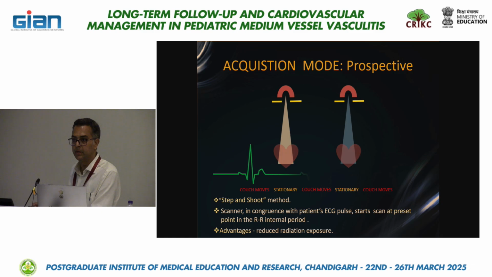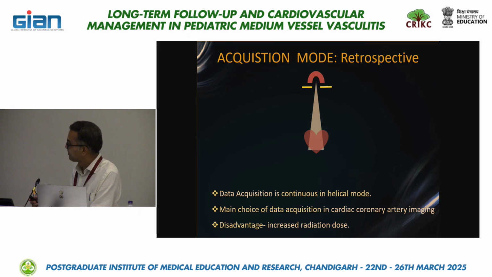Lower and stable in adults, but at least a stable heart rate in kids. Contrary to that, retrospective gating is a continuous acquisition throughout in the helical mode. However, as it is a continuous exposure, it will cause increased radiation dose.